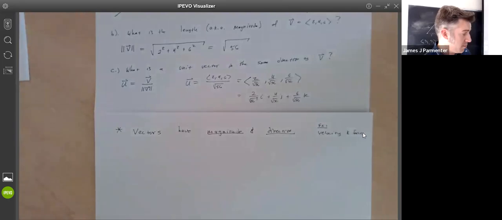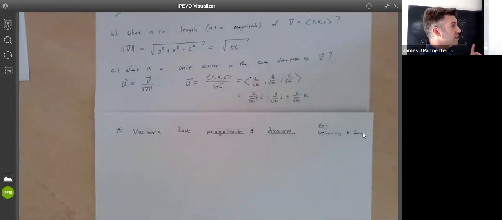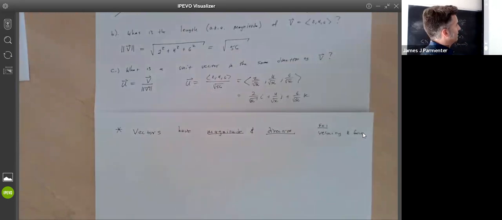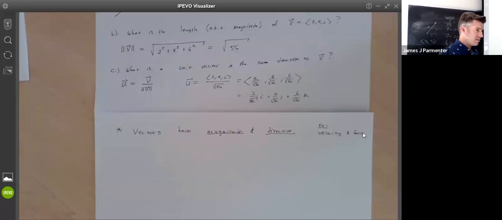Right. Because the difference here is this is a 2-dimensional vector and that was a 3-dimensional vector. Not that we do this in this class, but how many of you are planning on taking Math 22A at some point? I imagine most of you.